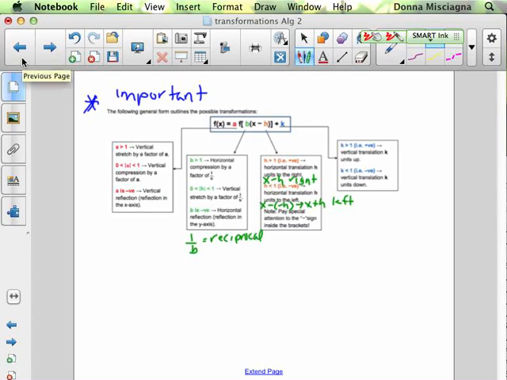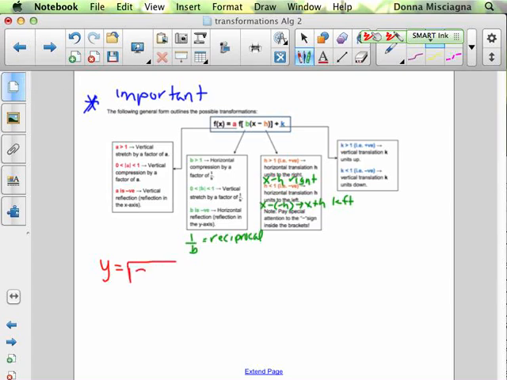So let me show you with a number. I think that will help. We've been looking at absolute value, but let's use the square root one, because this one I can definitely do a compression with. I can illustrate it very nicely.